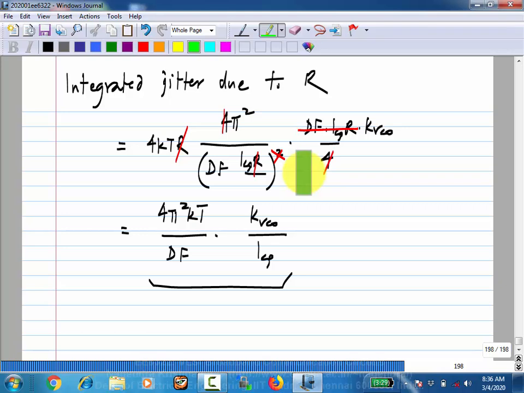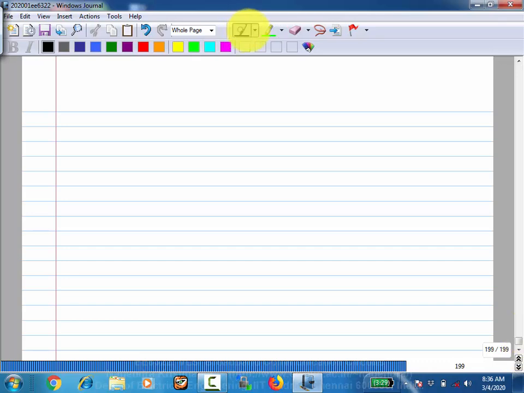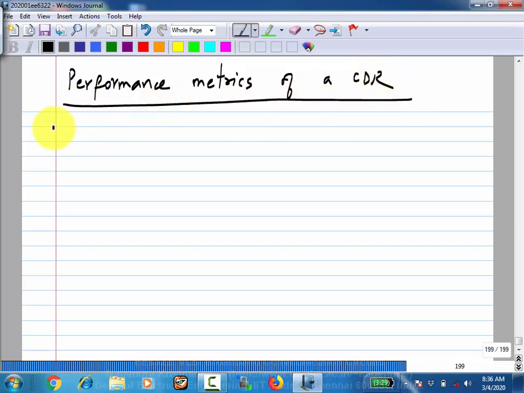Okay. So let's go back to performance metrics of the clock and data recovery circuit. So we had jitter tolerance, right, which is usually abbreviated to JTOL.